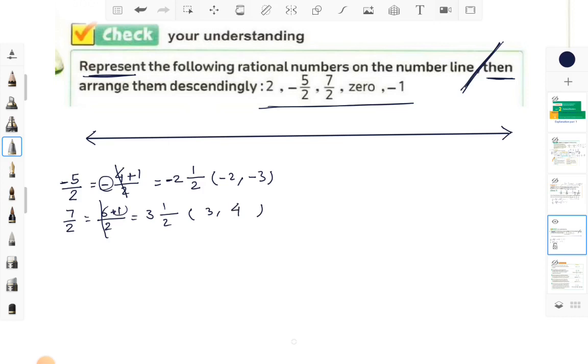Okay, now we know that we need to represent 0, negative 1, negative 2, and negative 3.